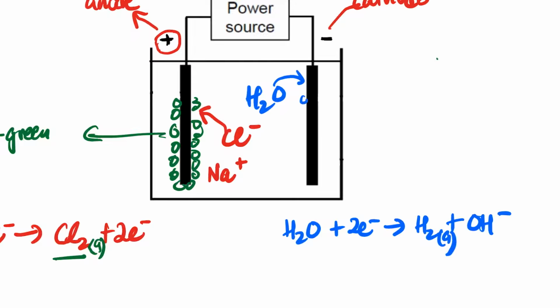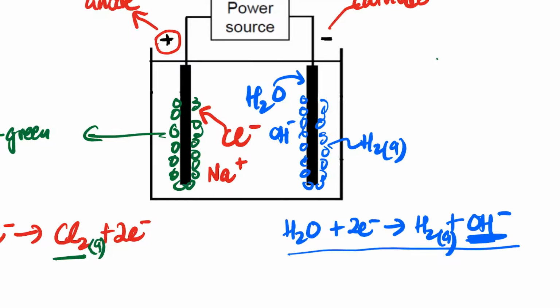So here there will be gas bubbles, which is, it's a what? It's the hydrogen gas, right? Hydrogen gas that is produced there. And you will find that in the solution, now there are OH minus that are produced, right?